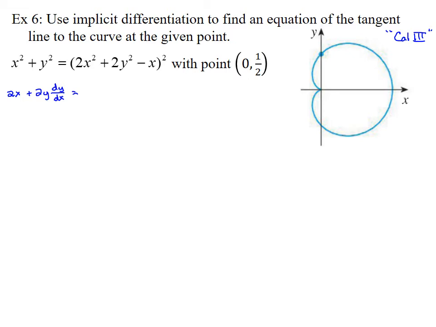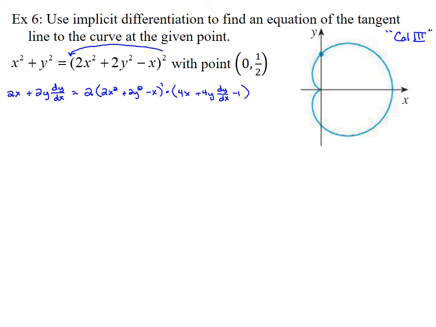Since this whole thing is being raised to the second power, you bring this 2 all the way to the front, you leave the inside alone, drop the power down to the first, and then you have to take the derivative of the inside, which is part of the chain rule. That would be 4x plus 4y dy/dx minus 1.